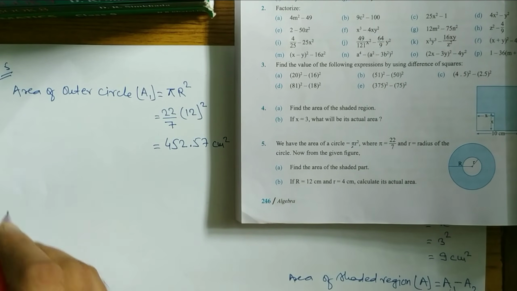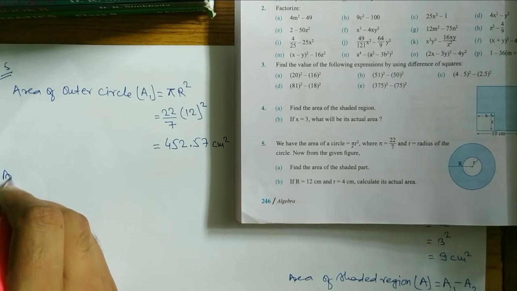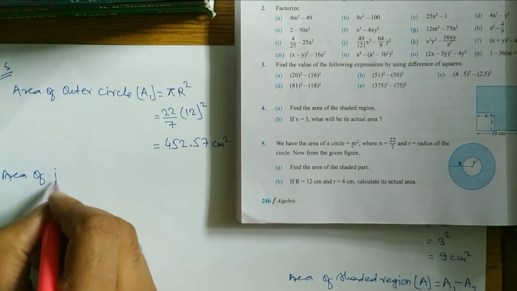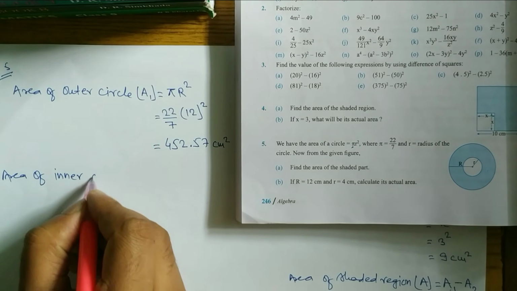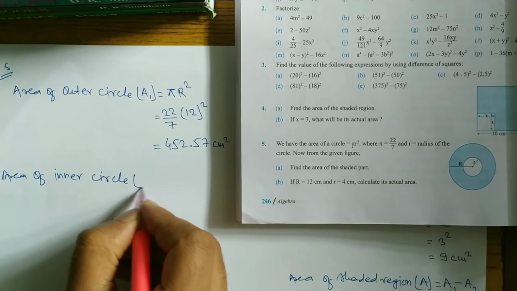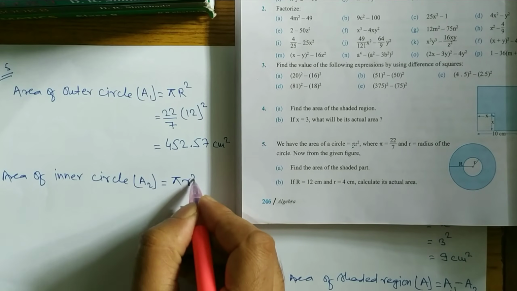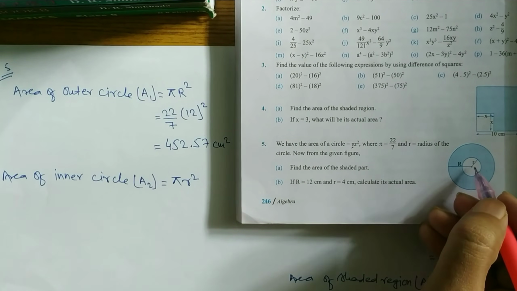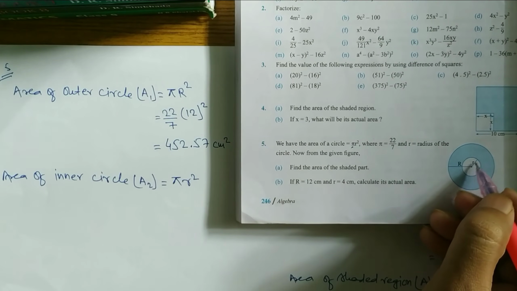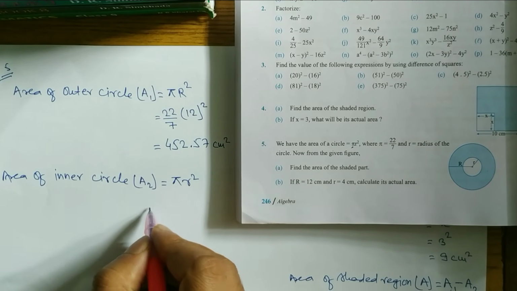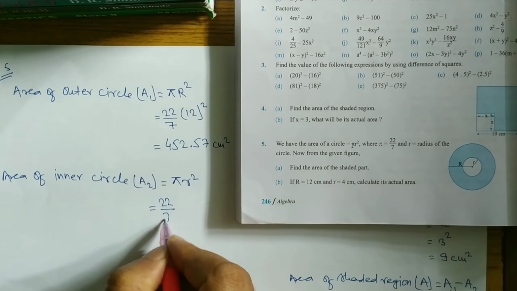Now we have to find out area of non-shaded, this one, inside one, which is not shaded, white color one. Area of inner circle. Suppose this one is A2, and the same formula, pi r square. Here we have to use a small r because the radius of inner one is small r. Pi means 22/7. The value is already given.